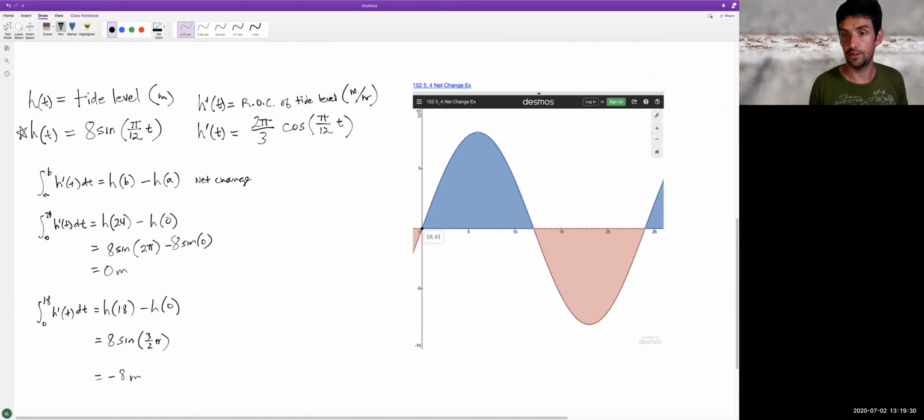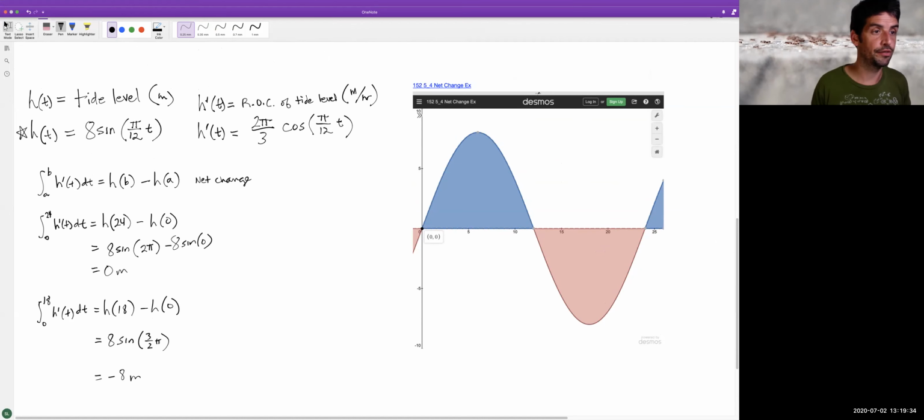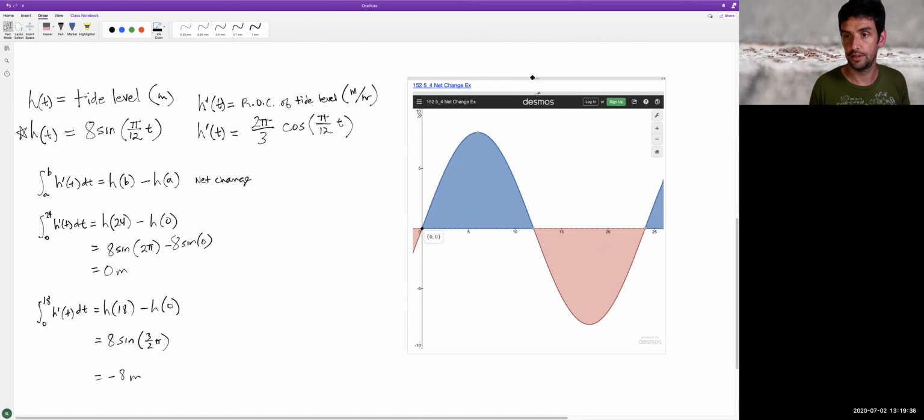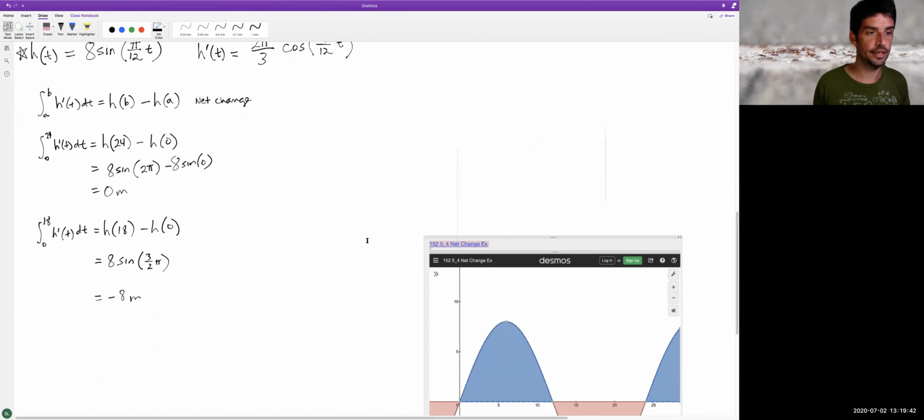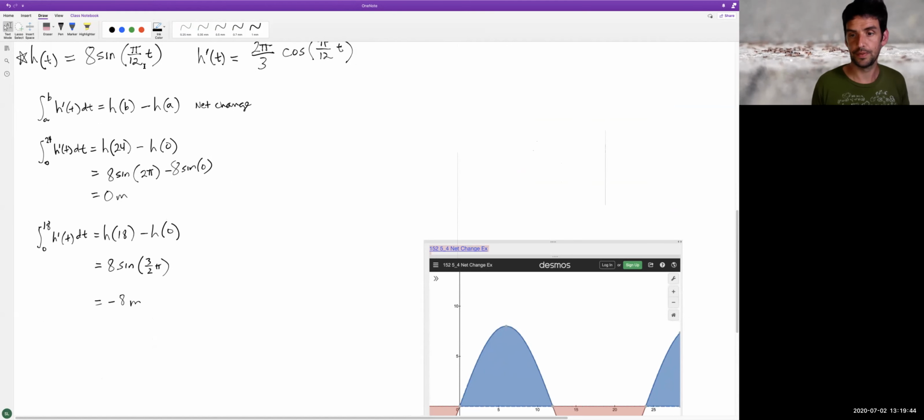Let's bring this graph with us a little bit. Just going to move this down a bit. Let's look at the total change. I'll just rewrite the function when we need it.